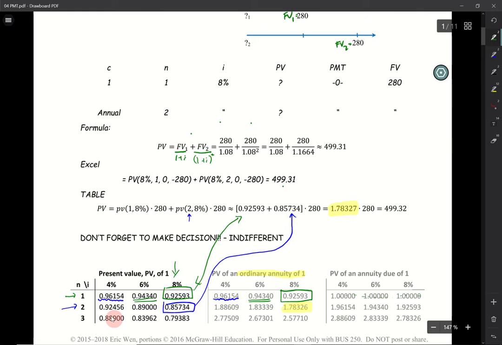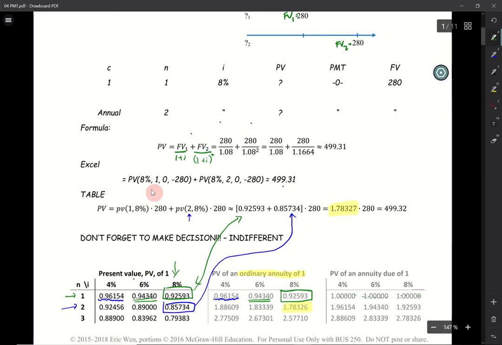If you add those three up, you get 2.77509. Is that right? So if you take this one, plus this one, plus this one, you get this one. If you take this one, plus the third one, you get that one. You take this one, plus this one, plus this one, you get that one. Okay? So the annuity, ordinary annuity, annuities are related to present values.